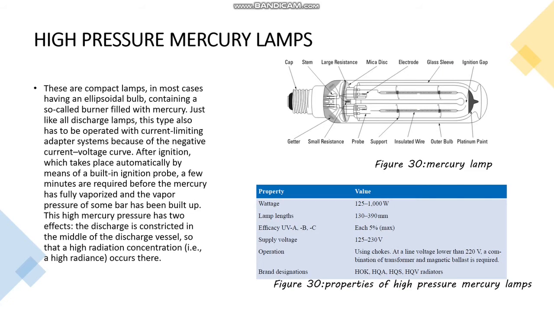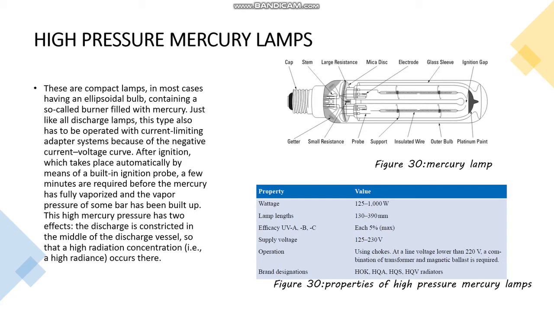High-pressure mercury lamps. These are compact lamps, in most cases having an ellipsoidal bulb containing a so-called burner filled with mercury. Just like all discharge lamps, this type also has to be operated with current-limiting adapter systems because of the negative current-voltage curve.